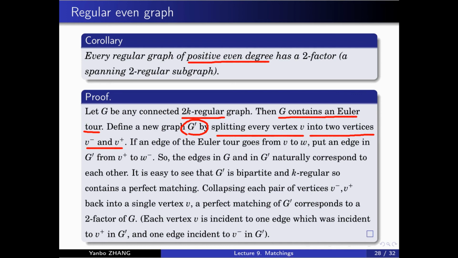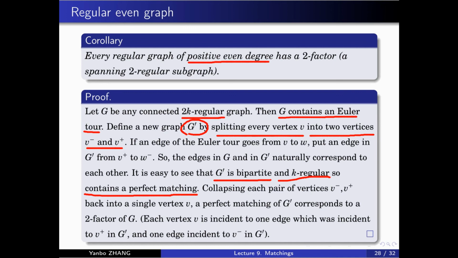It's easy to see that G prime is bipartite. It is also k-regular. This is because G is a 2k-regular graph, so we need to go out of every vertex k times on the Eulerian tour. So by the previous corollary, this k-regular bipartite graph contains a perfect matching.